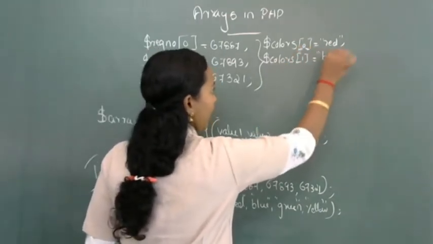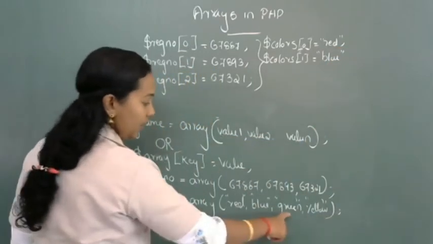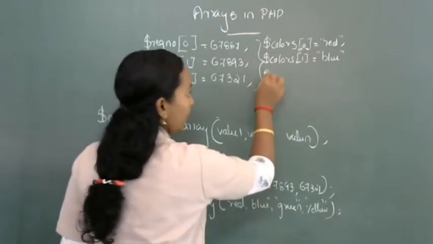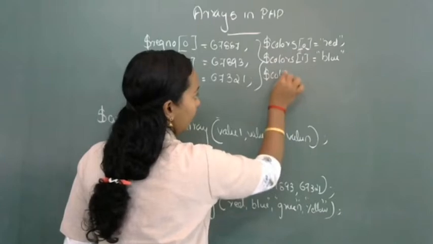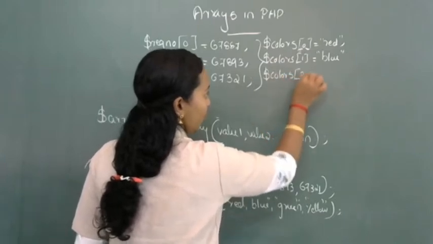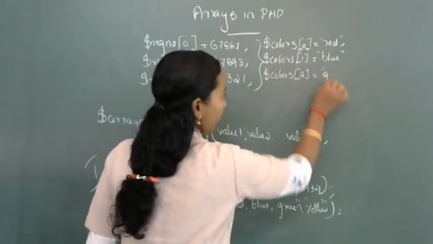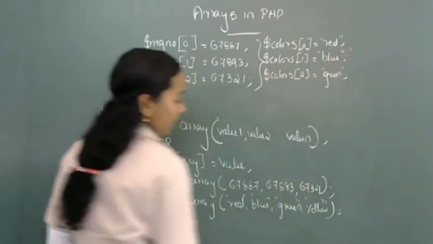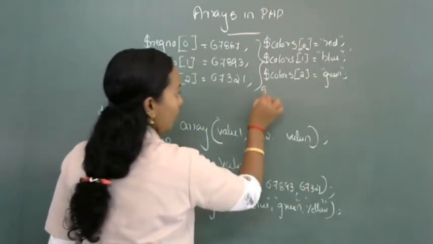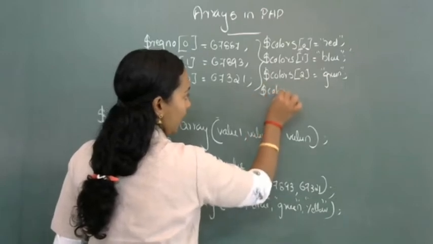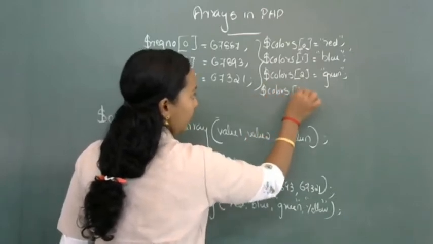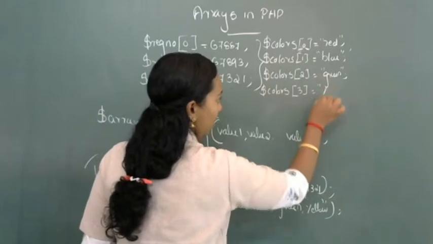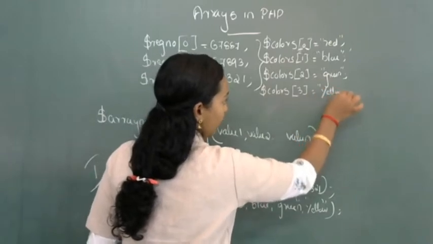Blue in double quotes. Third one, green. $colors[2] is equal to green, semicolon. Last one, yellow. $colors[3] is equal to yellow.